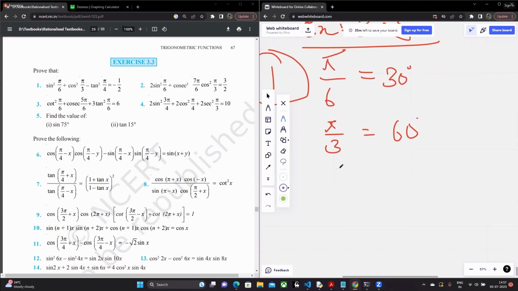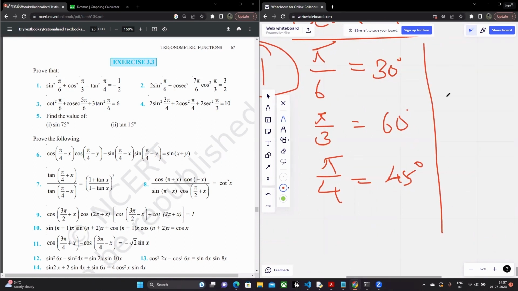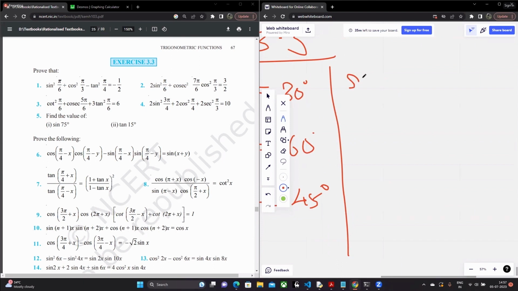And pi by 4, of course, is 45 degrees, right? You know the sine, cos, and tan for each of these three angles, because your standard tables start from 0, 30, 45, 60, and 90, right? So the first question is fairly simple. It's going to be direct substitution of your values.